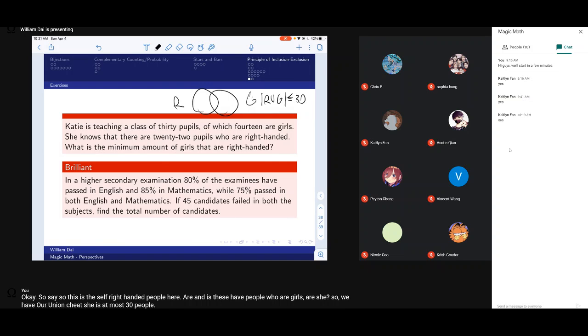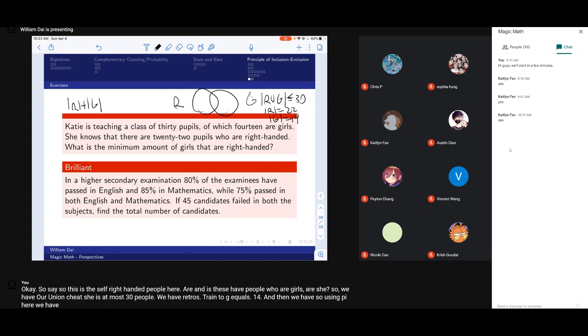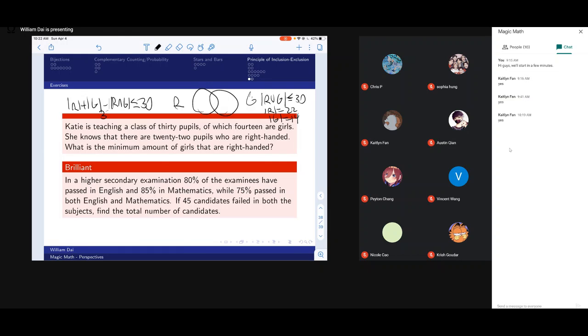We have R equals 22, G equals 14. And then using pi here, we do some algebra and we get that the number of people who are girls and right-handed must be at least 6.